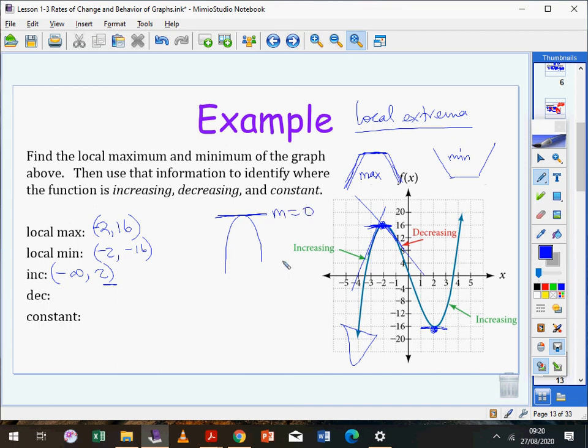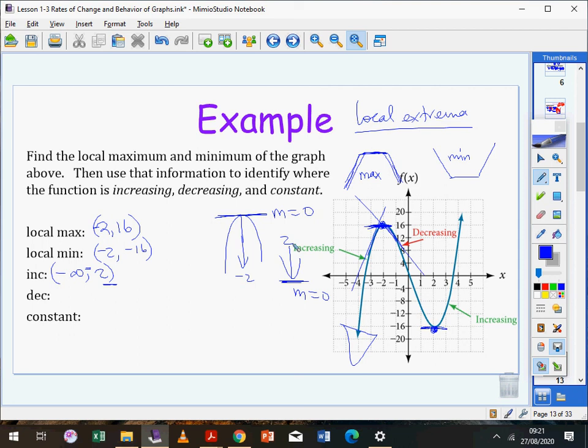Same thing at the very bottom, neither increasing nor decreasing. So that's why the point corresponding to -2 and 2 on the axis is not included, because at that exact point it's neither increasing nor decreasing.